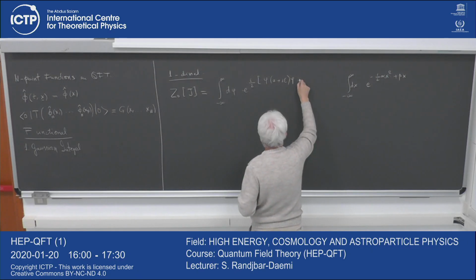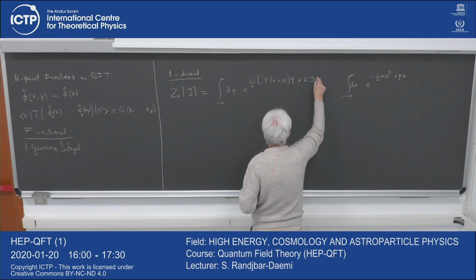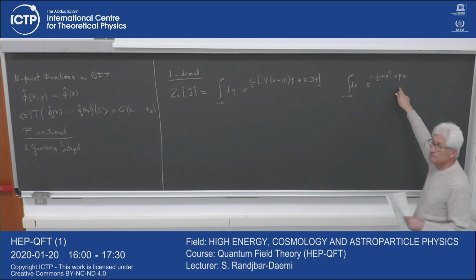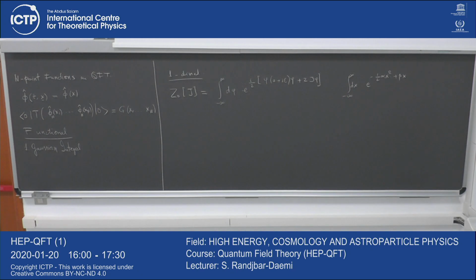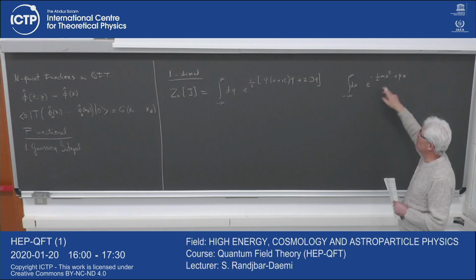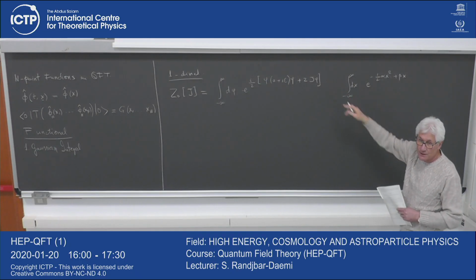And then I will add a 2j phi here. That's the beta term there. So it's exactly this object in which alpha is complex and beta is j, or i times j.